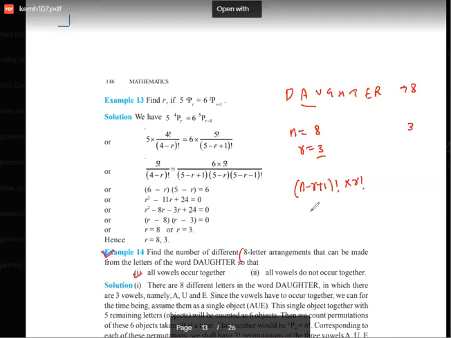So it will be what? Yes, Pragna, very good. So (8 minus 3 plus 1) factorial into 3 factorial, because the vowels can be arranged among themselves. So it is 6 factorial into 3 factorial. These are the number of ways in which they can occur together.